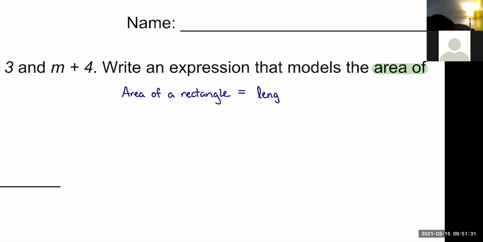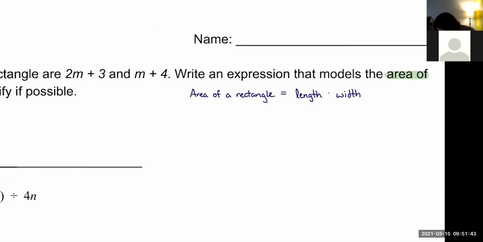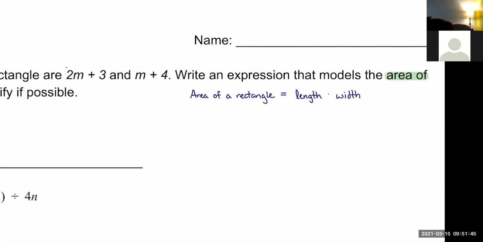Area of a rectangle is length times width. And length and width, the general term for those is its dimensions. But we were given the dimensions as two binomials: 2m plus 3, which for our purposes is our length, and m plus 4, which for our purposes could be our width.